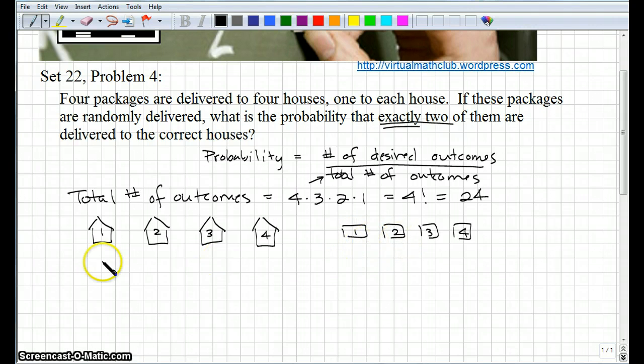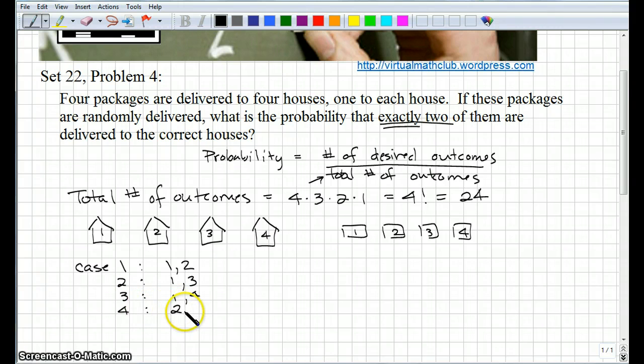Let's take a look at the combinations that deliver 2 of them correctly. Case 1 is 1 and 2 delivered correctly. Case 2 is 1 and 3 delivered correctly. Case 3 is 1 and 4 delivered correctly. That's all of the combinations that involve 1. So let's go on to case 4.